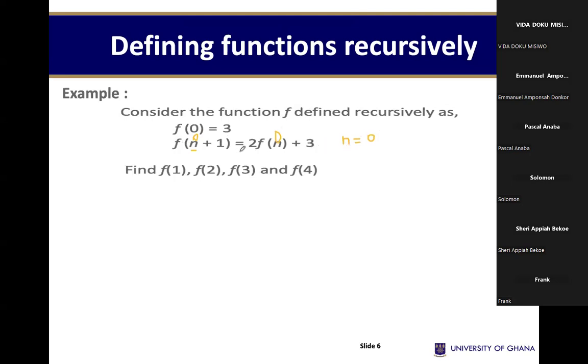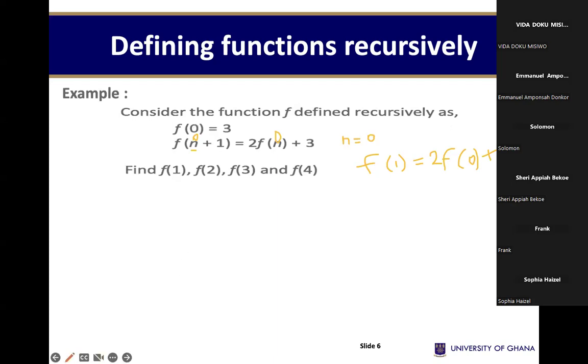And that is now going to give me my f1, because 0 plus 1 is f1, to be equal to 2 f of 0 plus 3. Good. With that said, we already know f of 0 to be 3.